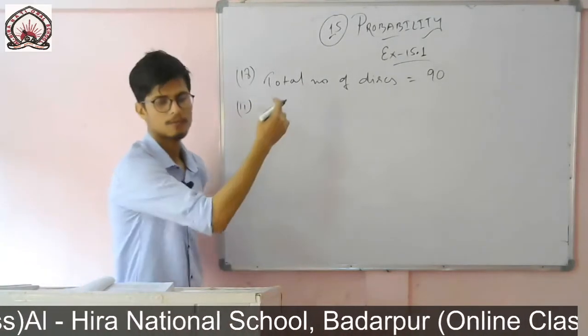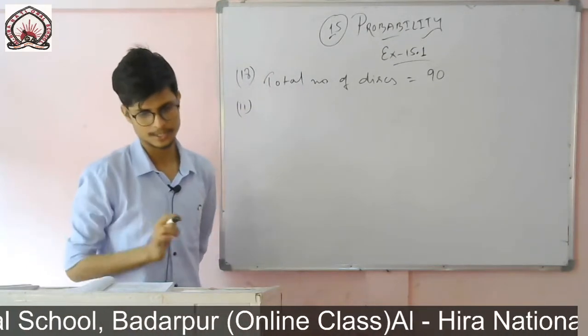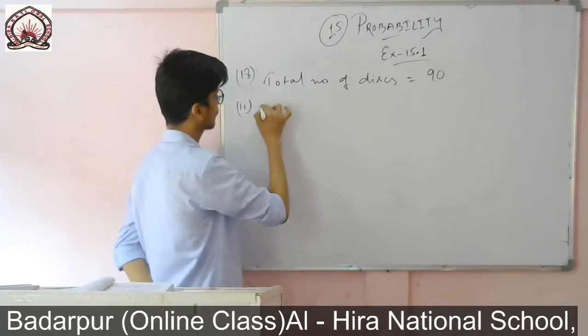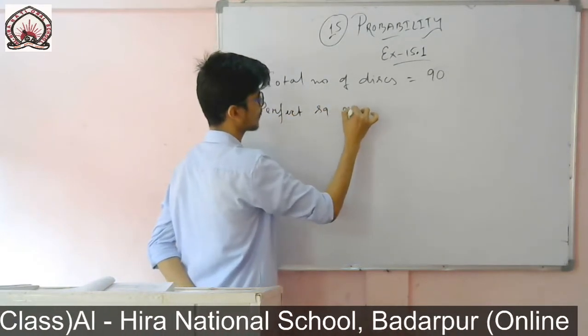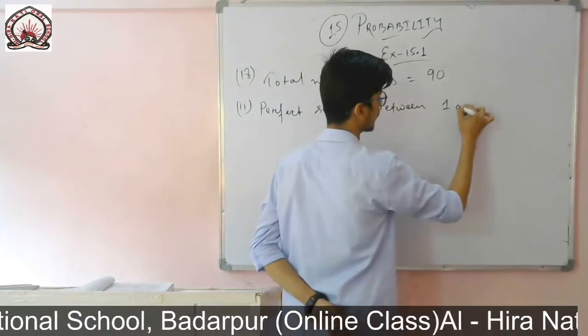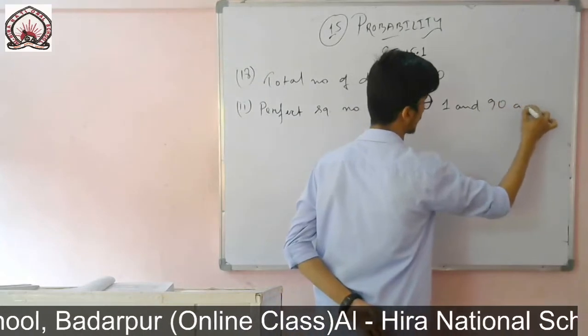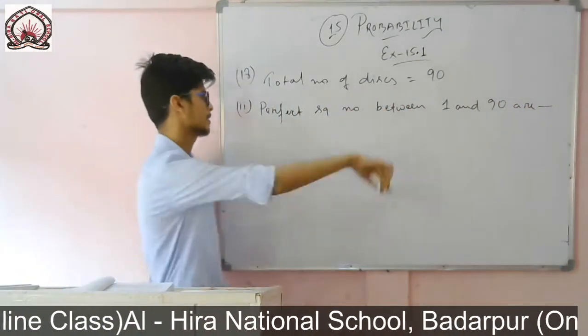So, first of all, I will find all the perfect square numbers between 1 to 90. Perfect square numbers between 1 and 90 are.